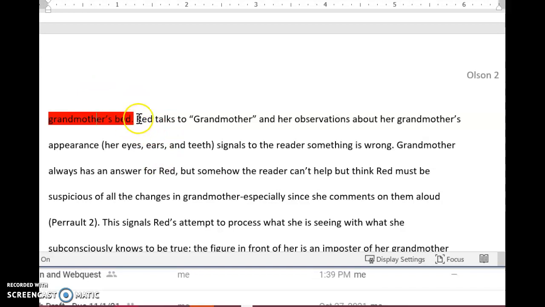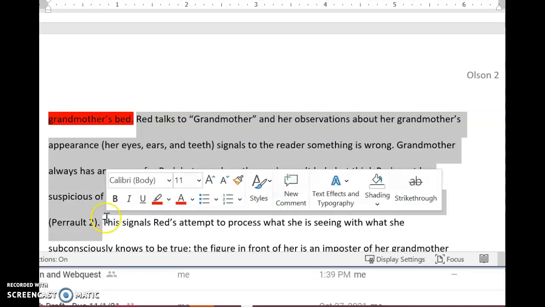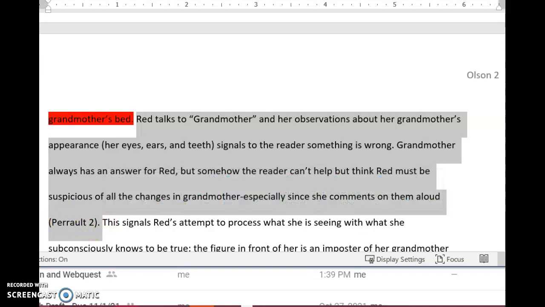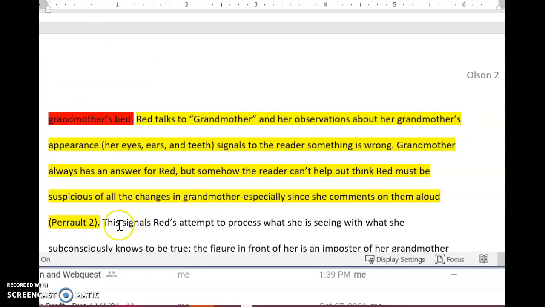So for right now, I am going to highlight my evidence, which is the next two sentences, and then I'm going to highlight that yellow. And then I have my explanation, but I'm going to put a little note here to myself.